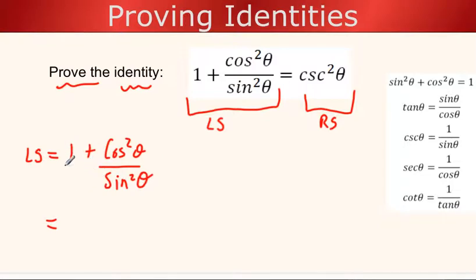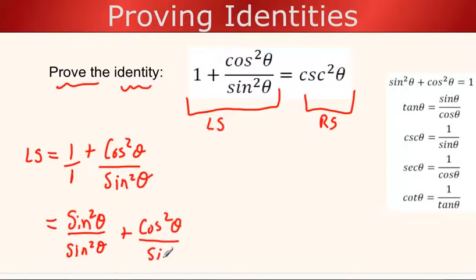I'm going to multiply its denominator, which is a 1, by sine squared. And if I multiply the denominator by sine squared, I have to multiply the numerator by sine squared. So 1 over 1 is now sine squared over sine squared, and I'm adding cos squared over sine squared, which was the second fraction.